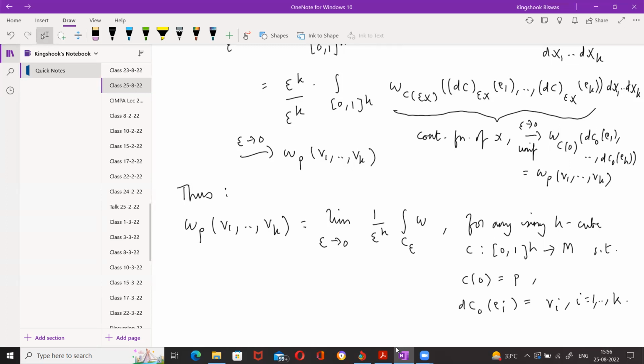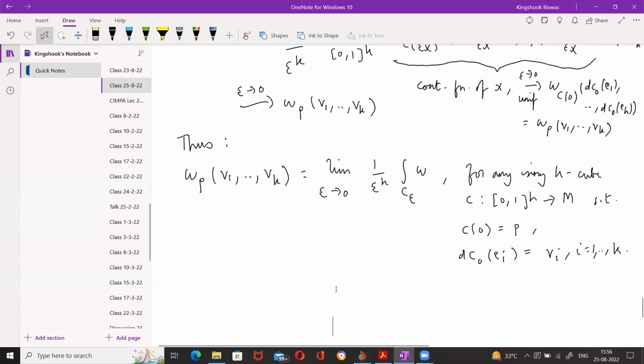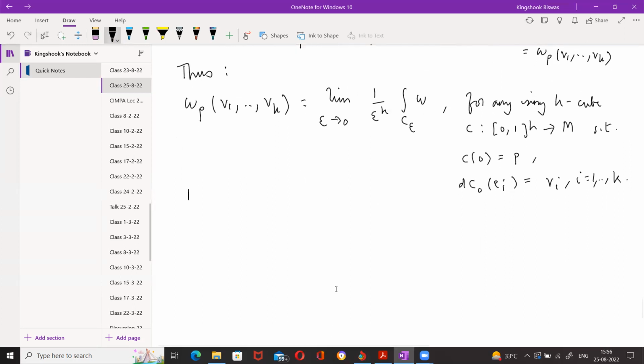Thus, if the integral of omega over C is 0 for all k-cubes C, then omega is identically 0, from the above formula, because the right-hand side vanishes. Is it clear?